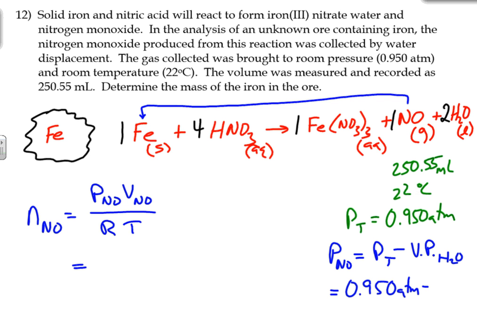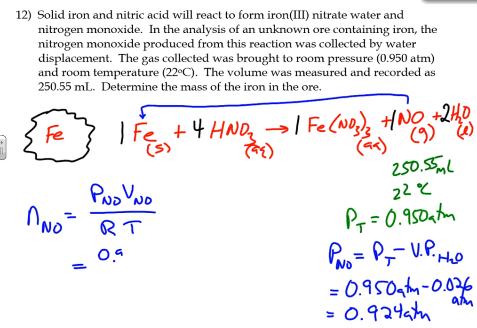And I convert that to atmospheres by dividing the 19.8 by 760 millimeters of mercury, and I end up with 0.026 atmospheres, which then gives me a pressure for just the nitrogen monoxide of 0.924 atmospheres. All right, so now I've got the pressure that I can plug in over here.